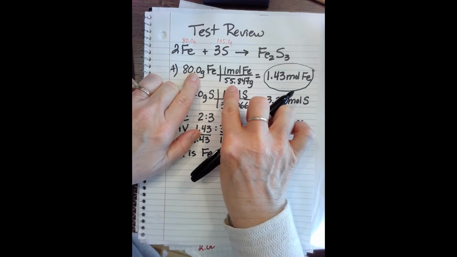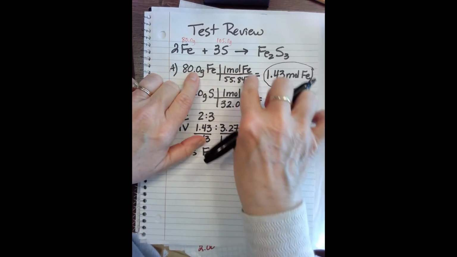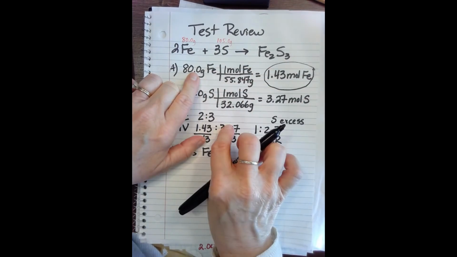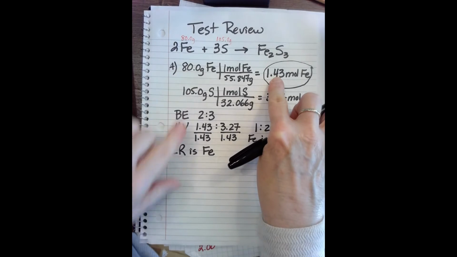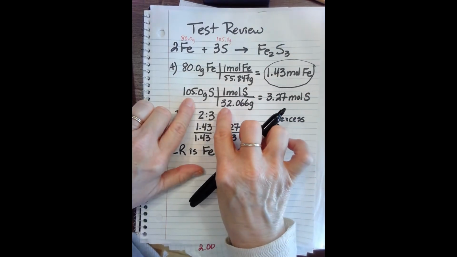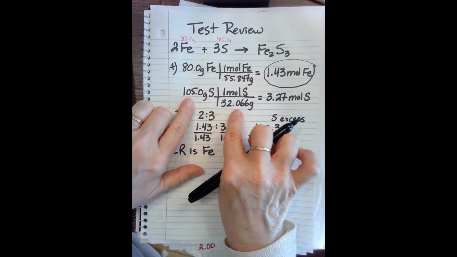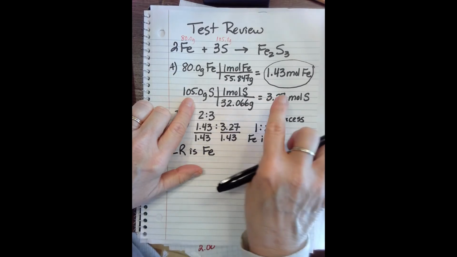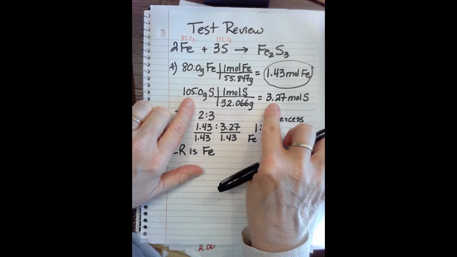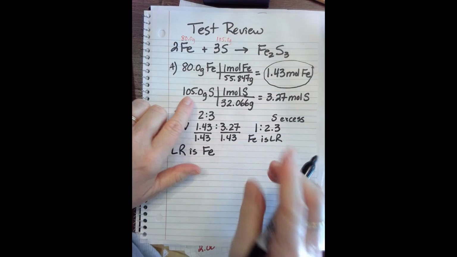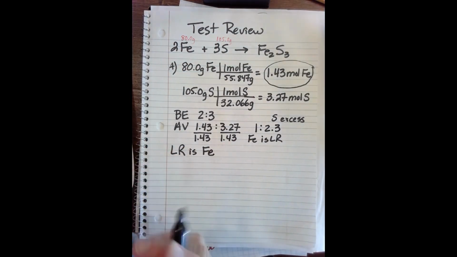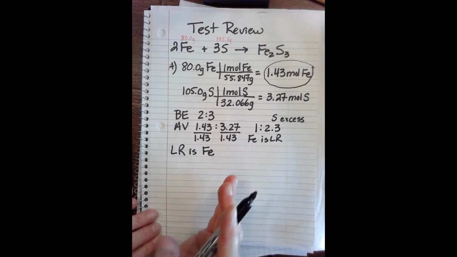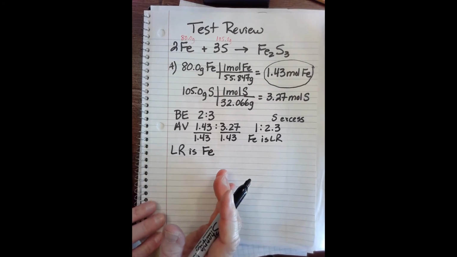I will allow you to leave off all the units. This divided by this, and then 105 divided by 32.066 to get me this, right? So you can shorten up the amount of typing you need to do when you are working through these.